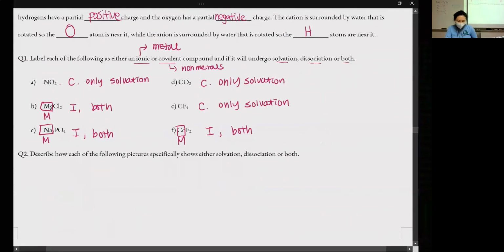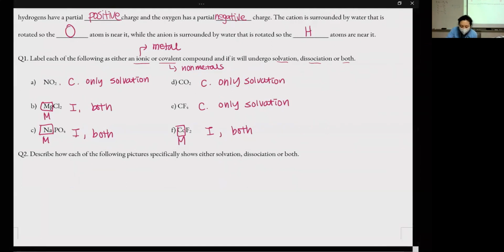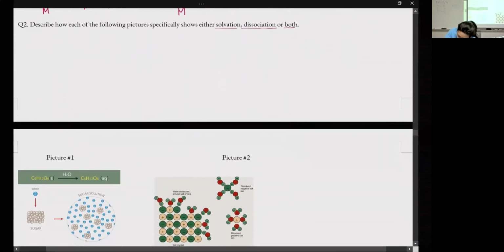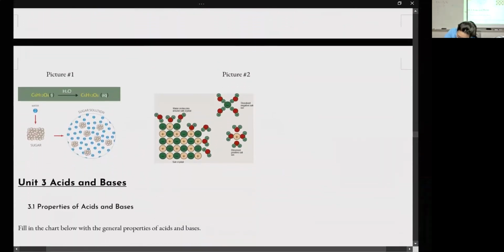Okay, question 2 says describe how each of the following pictures specifically shows solvation, dissociation, or both. Okay, let's look.